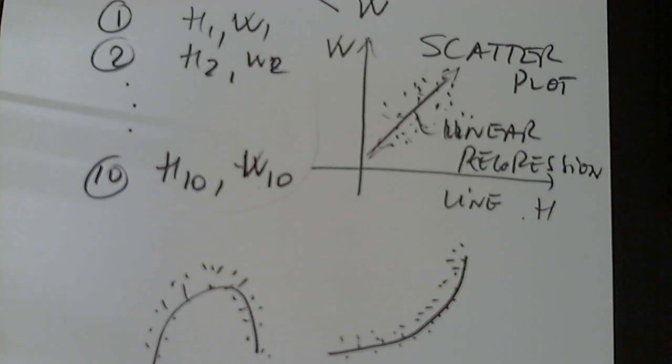Let's say we have: find the regression line for each data set. You do not have to worry about the exponential regression, just the regression line.